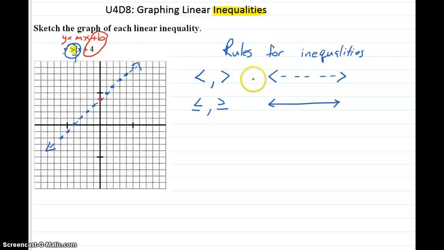And so the second rule we have to worry about is that if we have a less than or equal to, we are going to shade below the line.